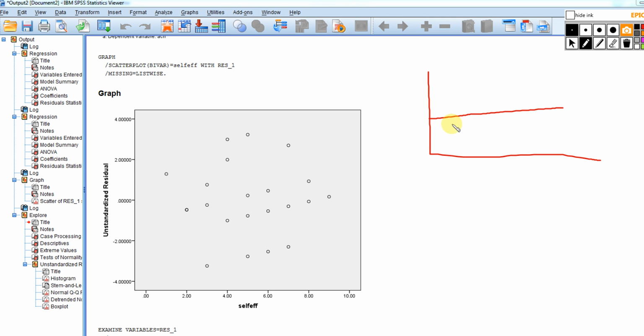But then let's say you have a case that looks like this right here, a data point that seems to be departing from everything else, or another data point way out here.